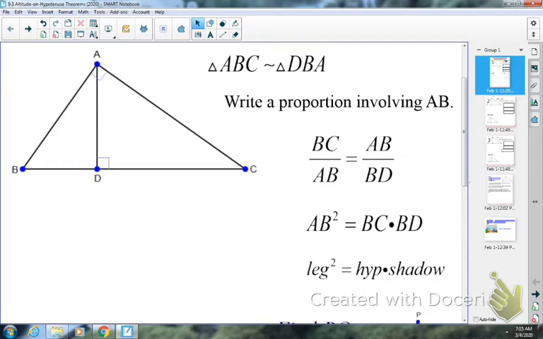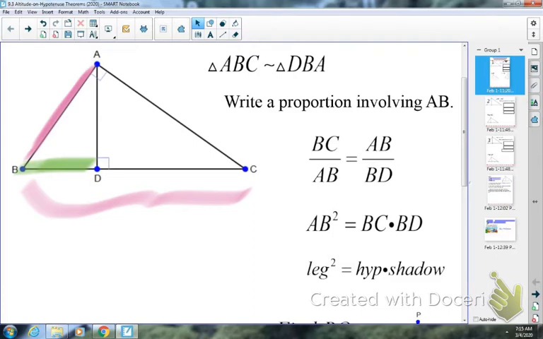So if you think of it that way, AB would be a leg, the whole hypotenuse would be BC, and the shadow of this particular leg AB on the ground would be BD. Otherwise, leg squared equals the whole hypotenuse times the piece of the hypotenuse adjacent to that leg. So out of BD and DC, BD is the one next to AB, that leg.